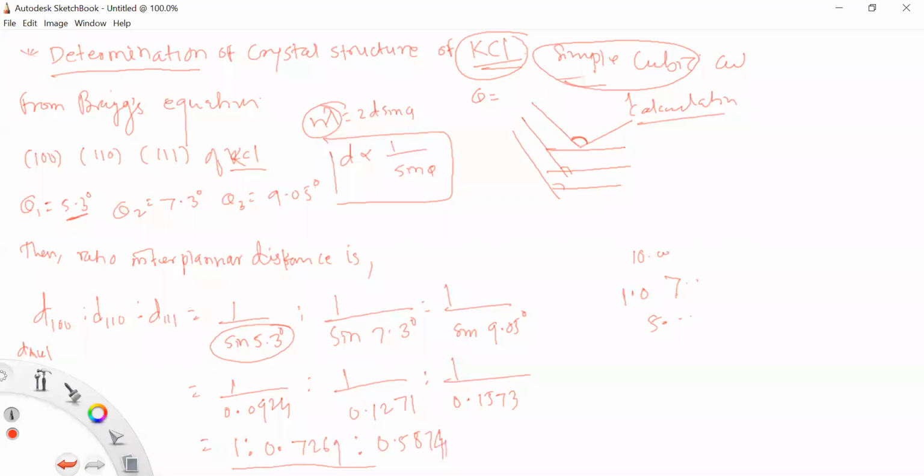So these are the standard values. It is just similar to the simple cubic structure. त्या कशाच्या व्हॅल्यूज आहेत, तर सिंपल क्यूबिक स्ट्रक्चरच्या स्टँडर्ड व्हॅल्यूज.